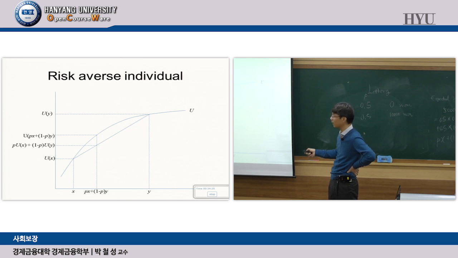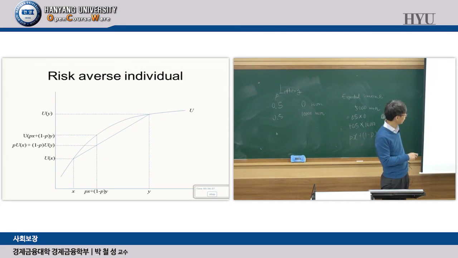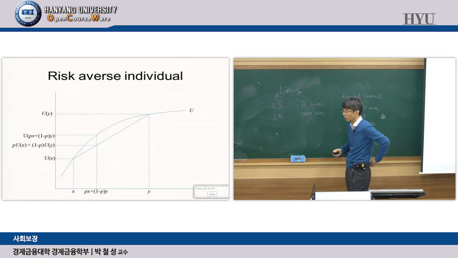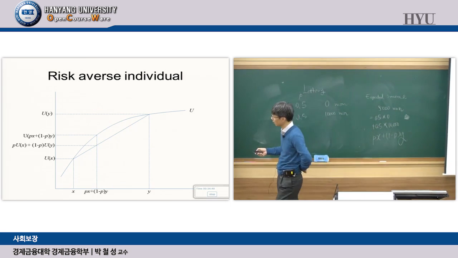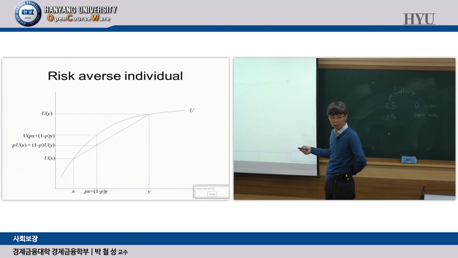But when you have enough income, even if you have more income, the increase of utility becomes smaller. So we can say diminishing marginal utility. This is the typical diagram of diminishing marginal utility, which we accept as a standard form of utility function. You have more income, your utility goes up, but at a diminishing rate.